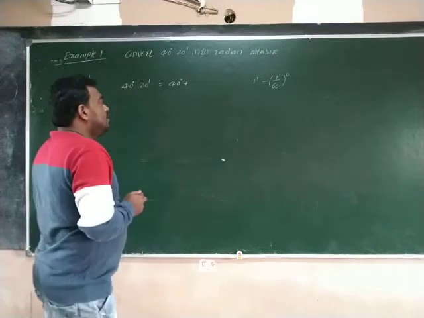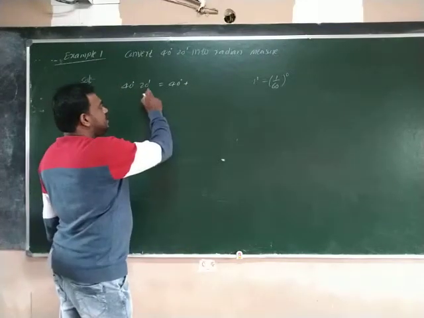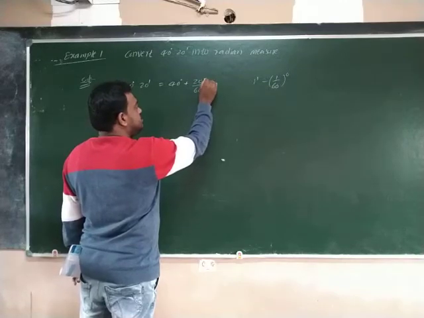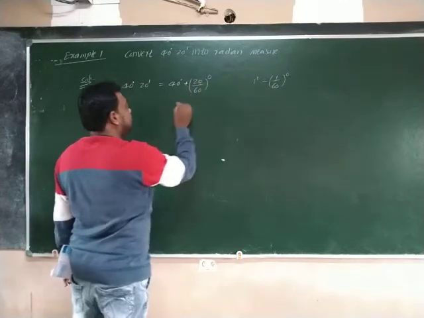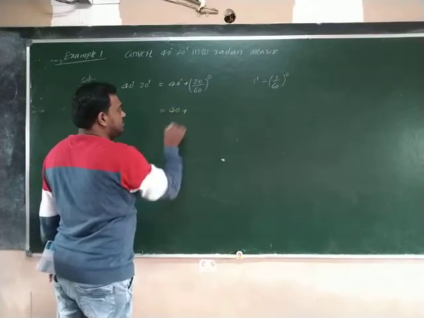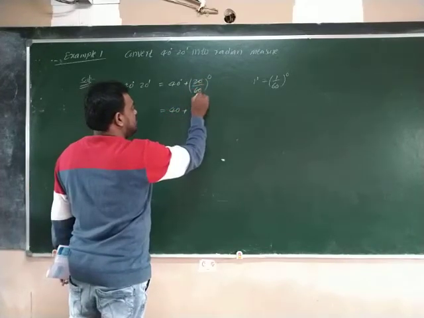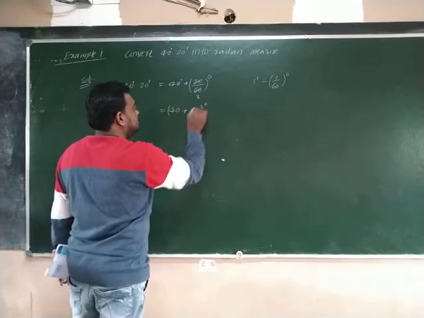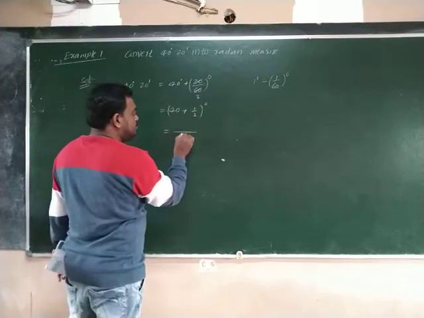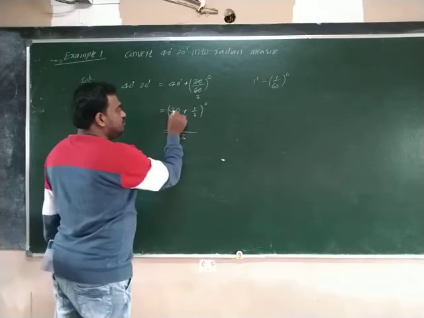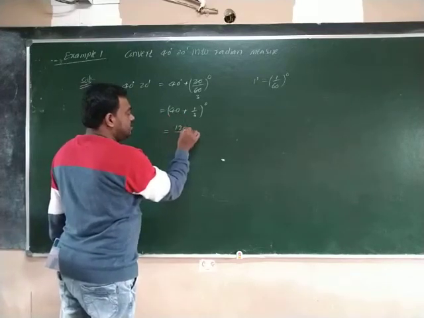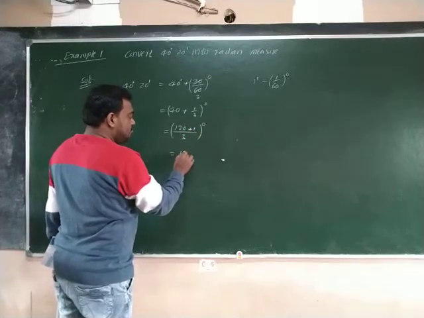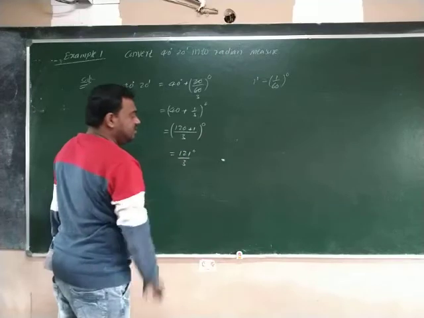Now 20 minutes is equal to 20 by 60 degrees, that is 40 plus 1 by 3 degrees. Taking 3 as LCM, 40 into 3 is 120 plus 1, so this is equal to 121 by 3 degrees.